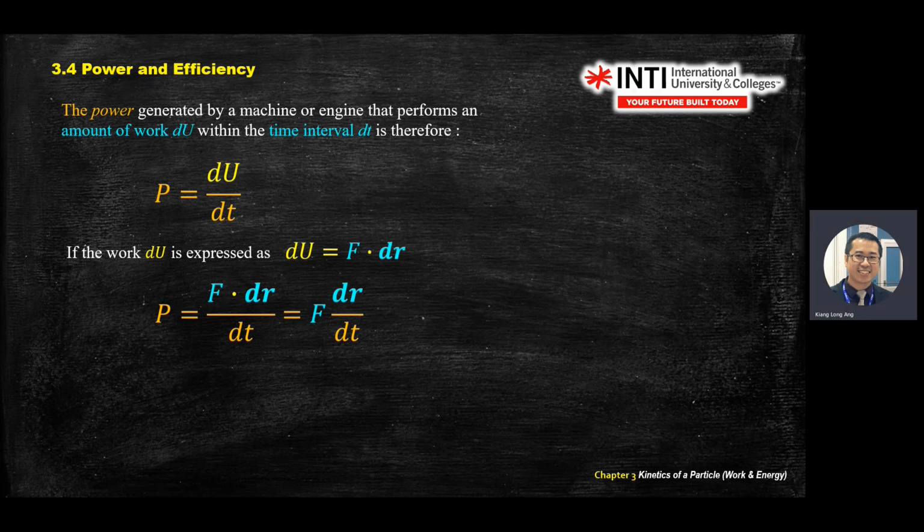But you have seen that force also changes when you have force equal to some equation. But we can pull our force out, and then we have dr over dt. dr over dt is a velocity. So power is also force multiplied by velocity.